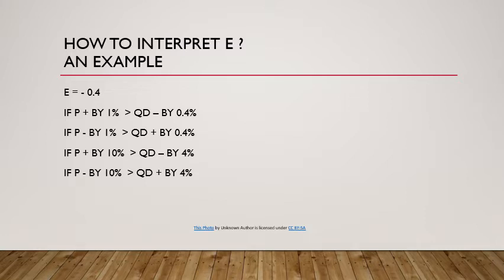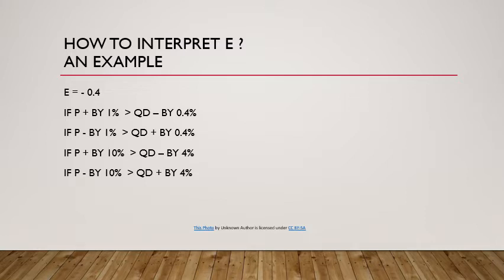You see the law of demand in effect, right? As the price goes up by 1%, the quantity decreases by 0.4%. That's what that negative sign means, that there's an inverse or negative relationship between the cause, price, and the result, quantity demanded.